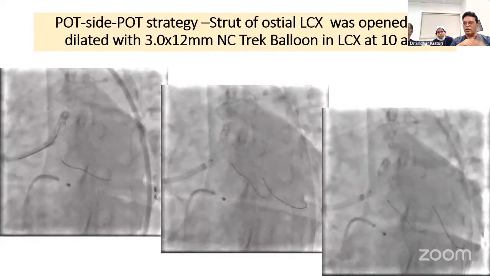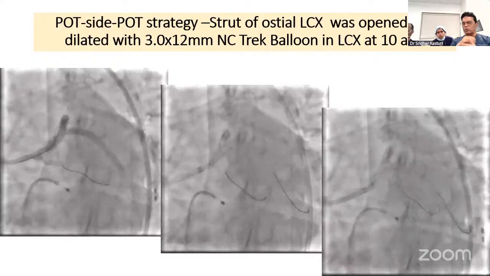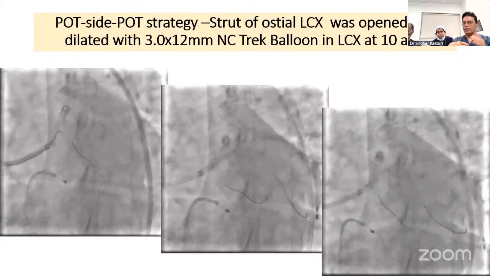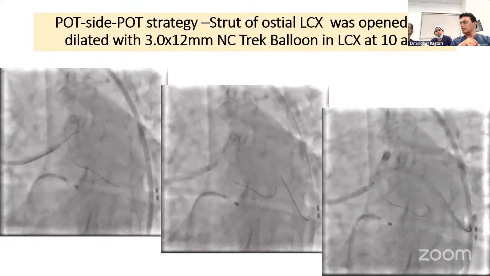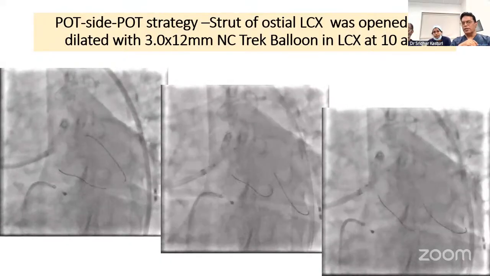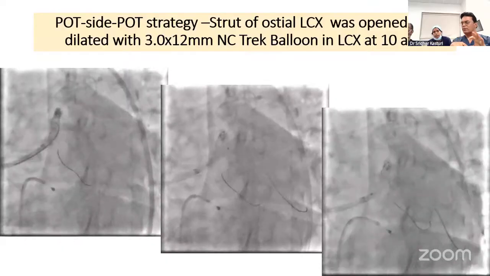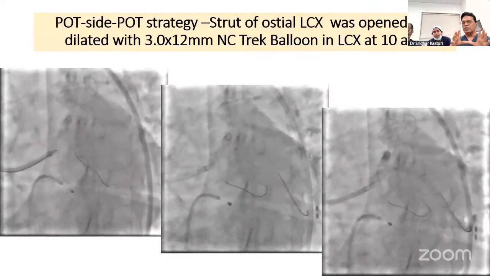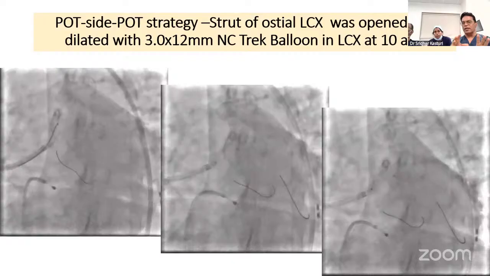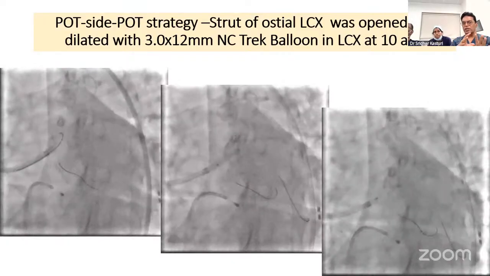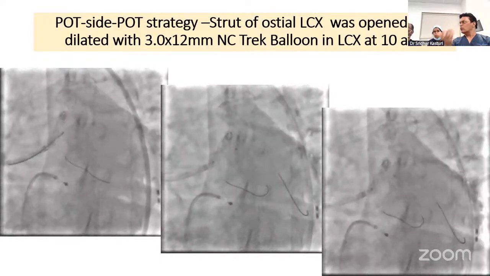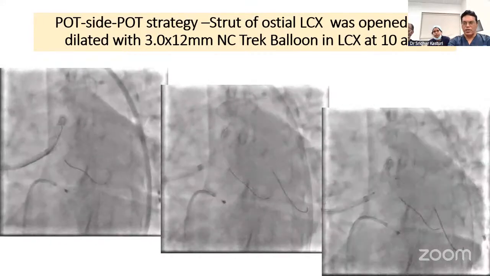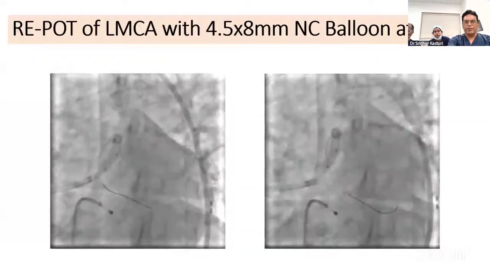But in DK crush, you cross proximally and open the struts very clearly. In provisional stenting, always a distal crossing, never cross proximally; if you cross proximally, the anchoring of the side branch ostium with the struts is very good. So that is the advantage. Ensure that you are crossing proximally. In the DK crush, for the second crossing, you can go with a distal crossing. So these are the important things you have to consider.